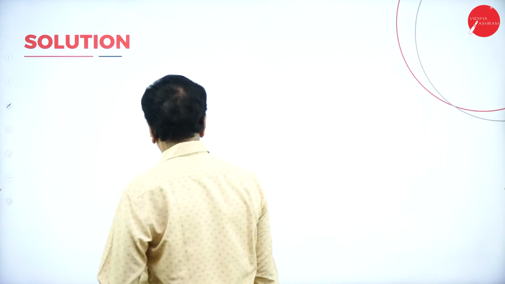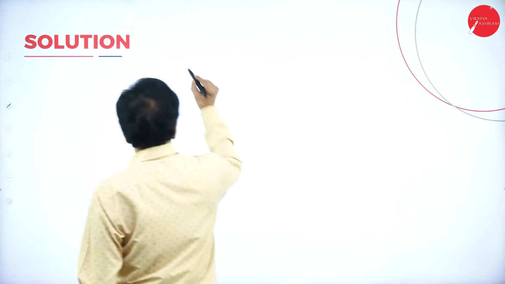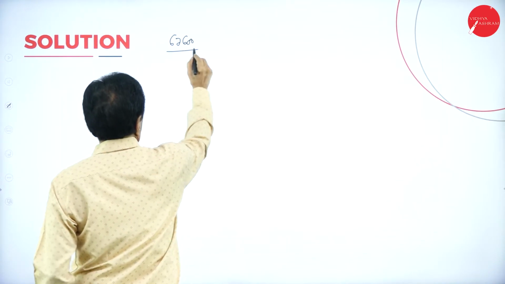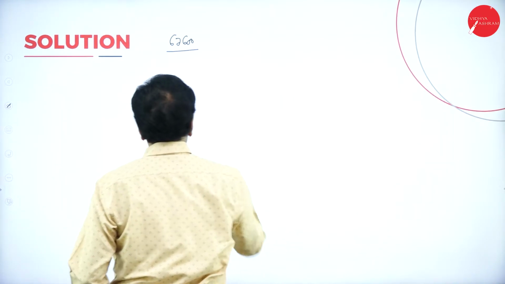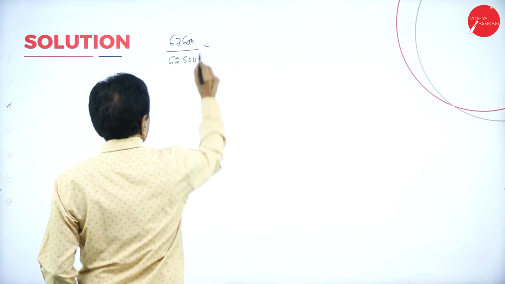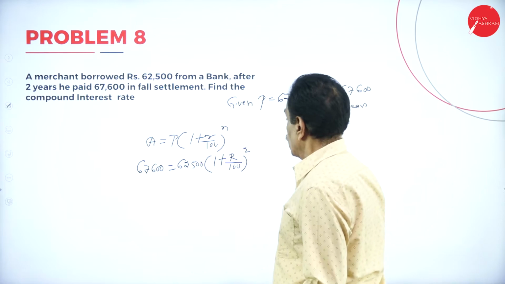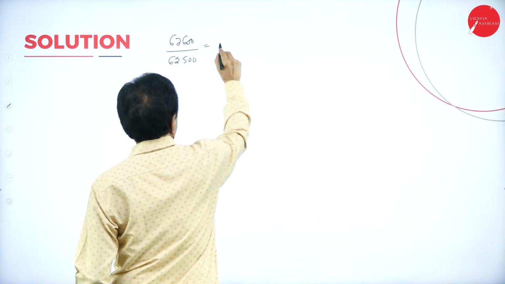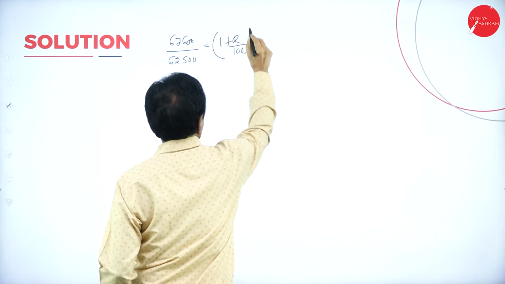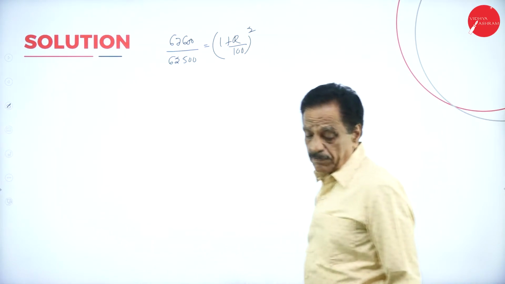Next, you take this amount, 62,500, to the bottom. What is left over is 1 plus R over 100 to the power of 2 years.